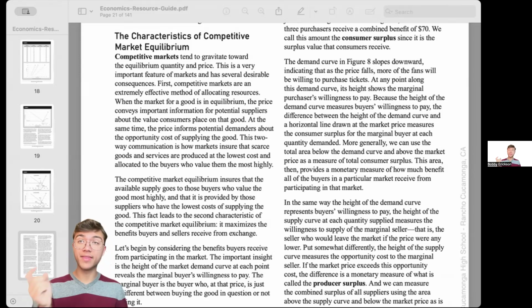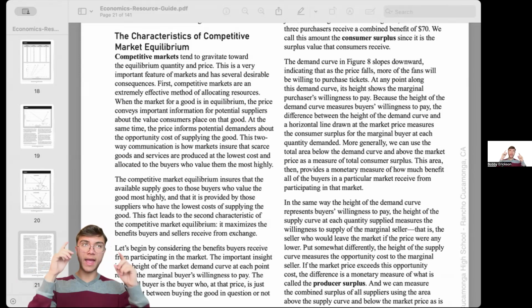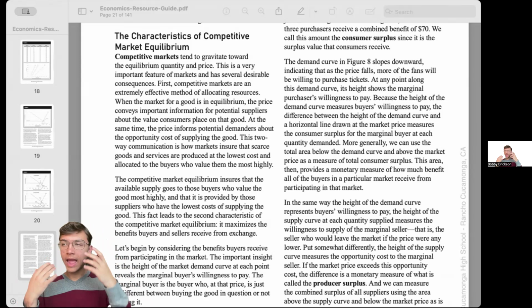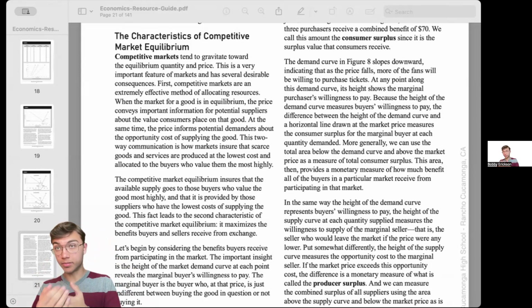So how much, from a supplier standpoint, are demanders willing to pay? And then from a demander standpoint, how much are suppliers willing to supply?